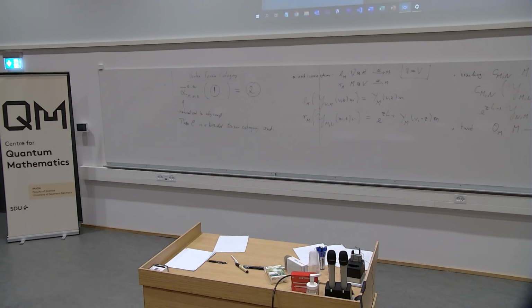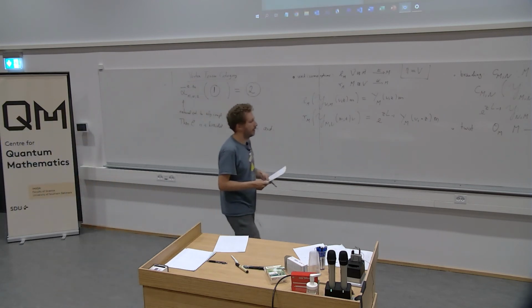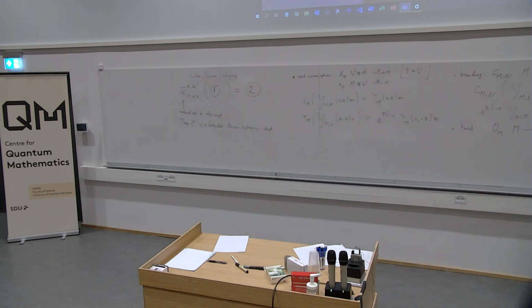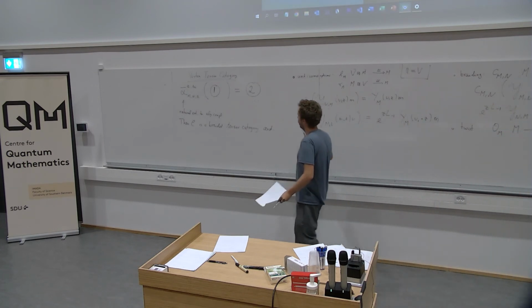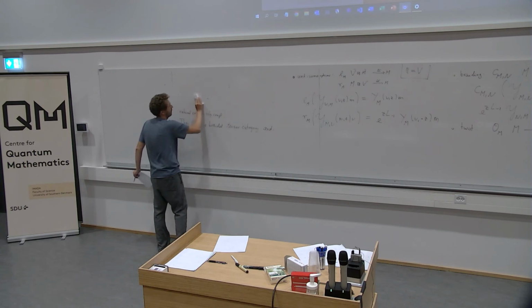So let me state the conditions under which this theorem applies. In practice, I said at some point, if you want to do representation theory of vertex algebras, you have a list of goals.